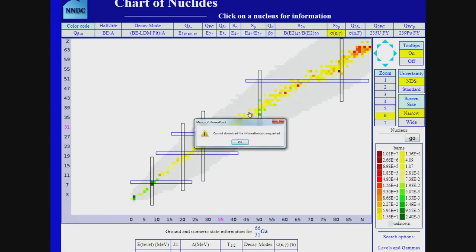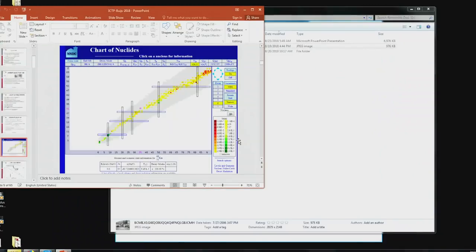And then you say, cannot download the information you requested. Okay, that is very sad. Let me just give it one more try. I was promised that it was connected to the internet.